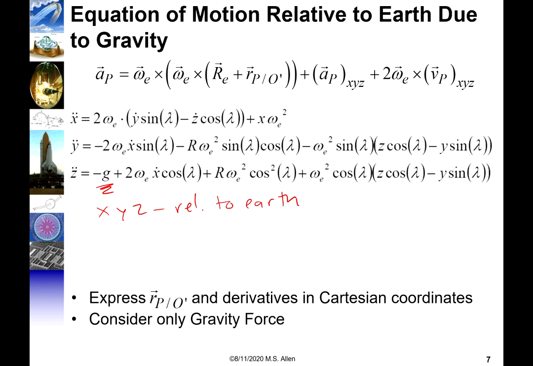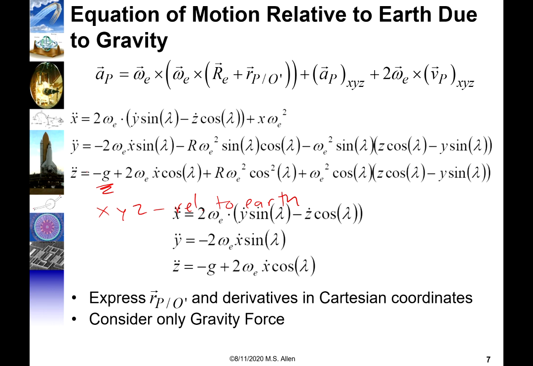If we have a particle subjected just to gravity, and we measure its coordinates relative to the Earth, we get these equations that govern the motion of those particles. Similar to what we did, the mass cancels out. And you can actually solve these. This is all covered in the course notes.